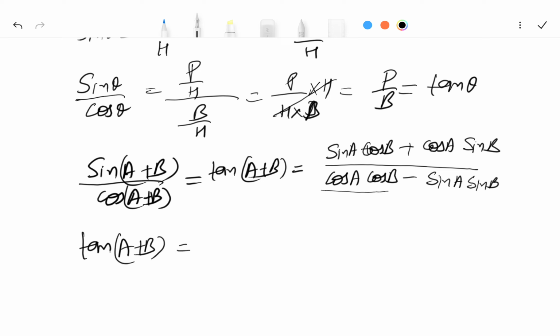I am dividing the denominator and numerator by cos A cos B. Then what I will get?